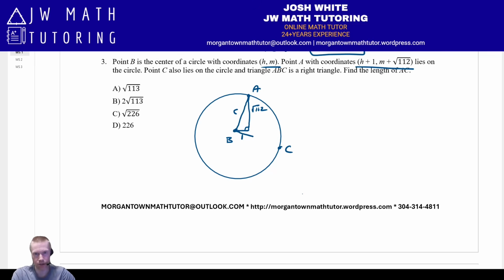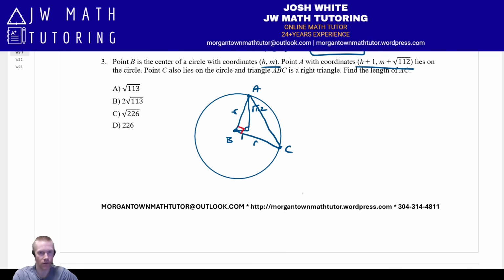Then, if I draw another line segment over here, ignore the fact that it does not appear to be the same length, this is also a radius, connecting B, the center, to C, a point on the circle. More importantly, this triangle is a right triangle. So that means that right here, this is a right angle. I can connect this, and then we can find AC once we find the value of the radius.